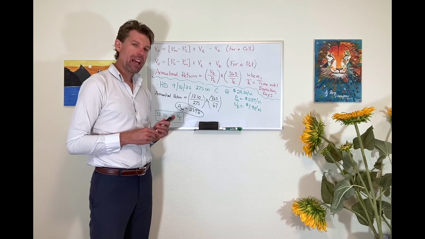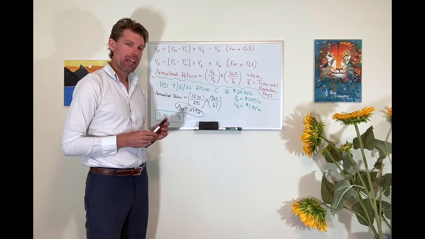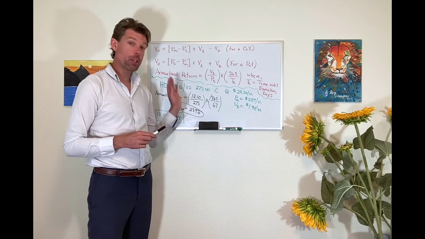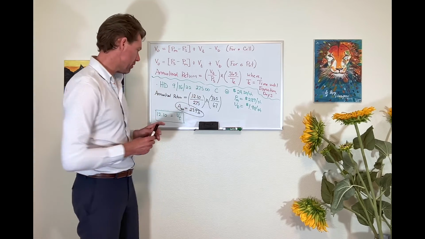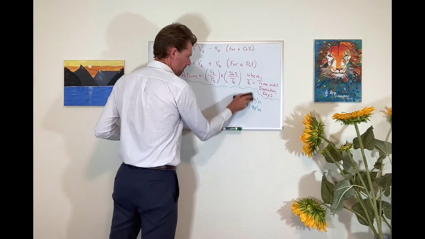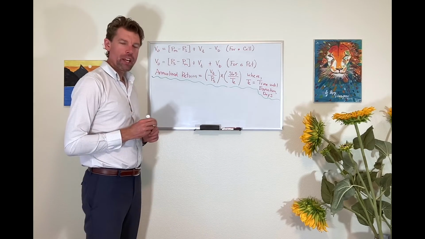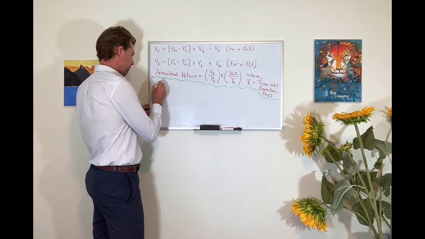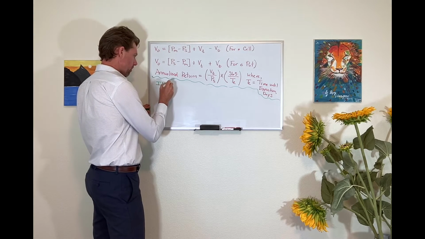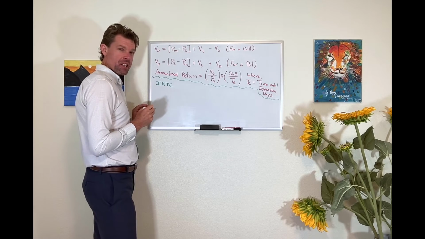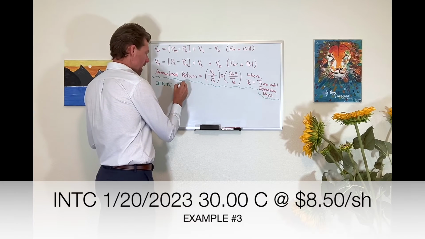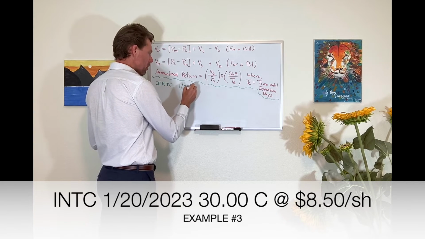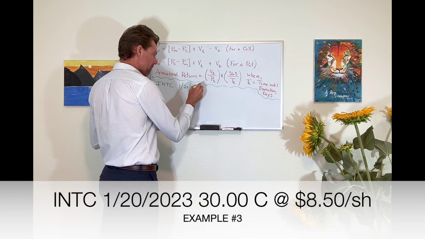Okay, let's go ahead and do a third example and dive into this a little bit deeper. We're going to do an entirely different option contract. Okay, here is the option contract. INTC, this is Intel, expiring January 20th, 2023.